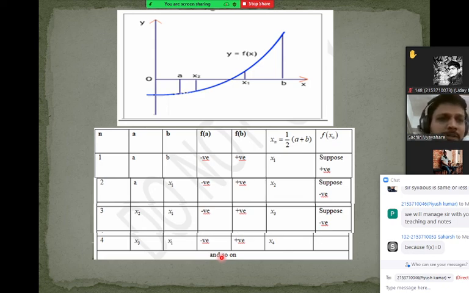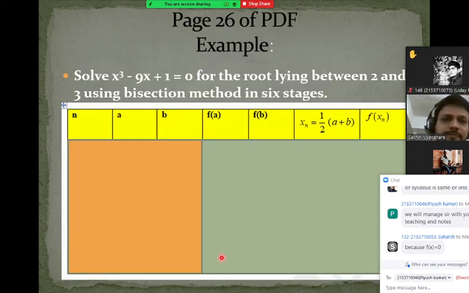Newton-Raphson, the third method that you are going to learn, has a more difficult formula than bisection, but the best part is the number of iterations is hardly one or two. We'll come to that later on.